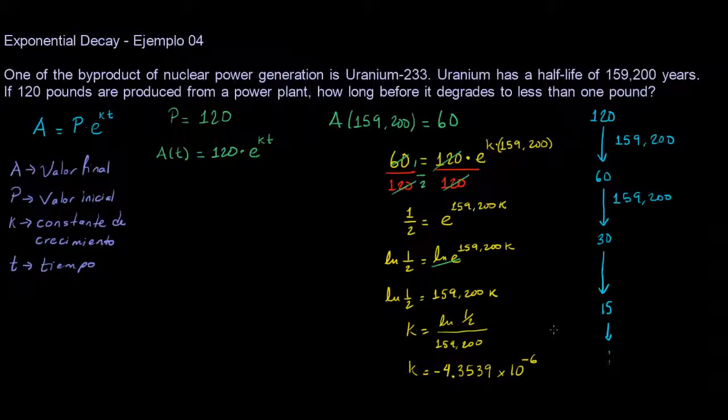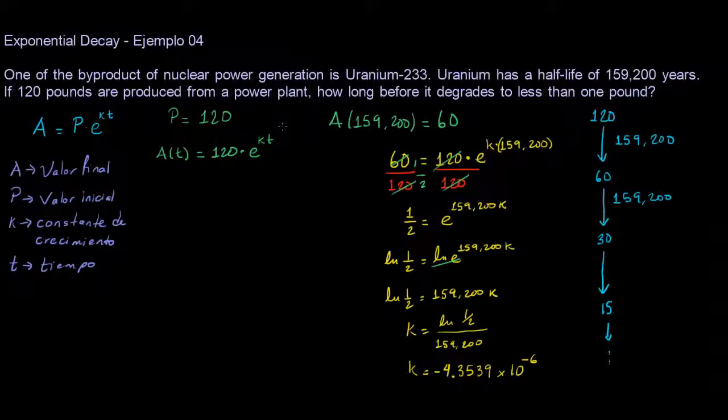This is a super small k, and it is negative because we are representing a decay. The amount of material is going down, not increasing, it's decreasing. So here we already got k.